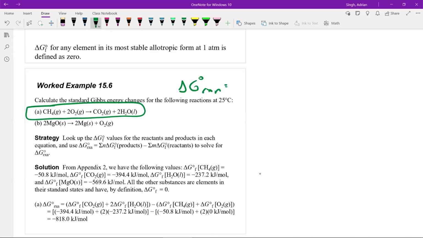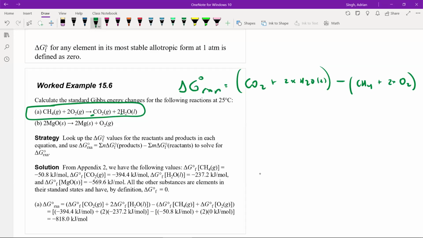So we have here the CO2, and again, pay attention to the stoichiometry, plus 2 times the H2O in the liquid form. So that's our products minus the reactants. So the reactants here are CH4 plus 2 times O2.